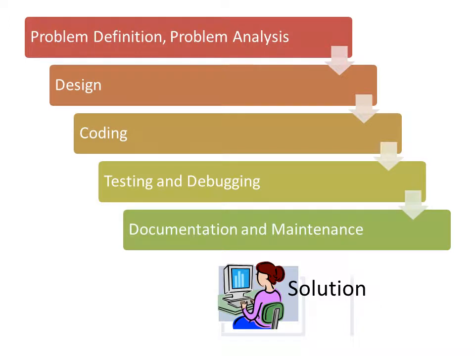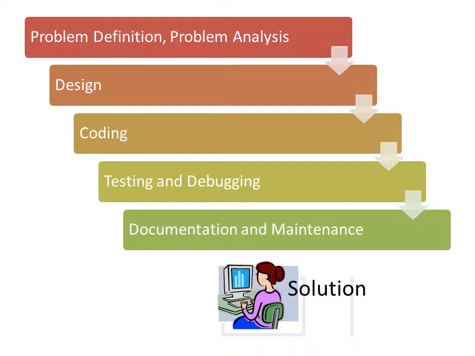Let's see the summary of the problem solving methodology. Here each and every step depends upon the previous one. The problem definition and analysis is important, and once you have analyzed the problem in a correct manner, you can design it properly. Then for designing, we can use either the flowchart or pseudocode to represent the algorithm.